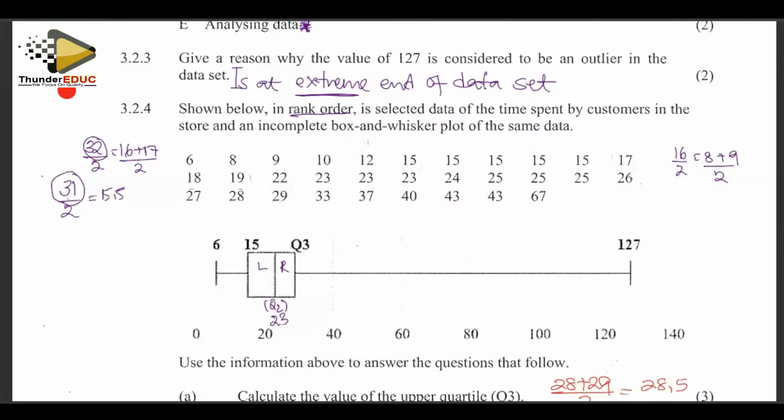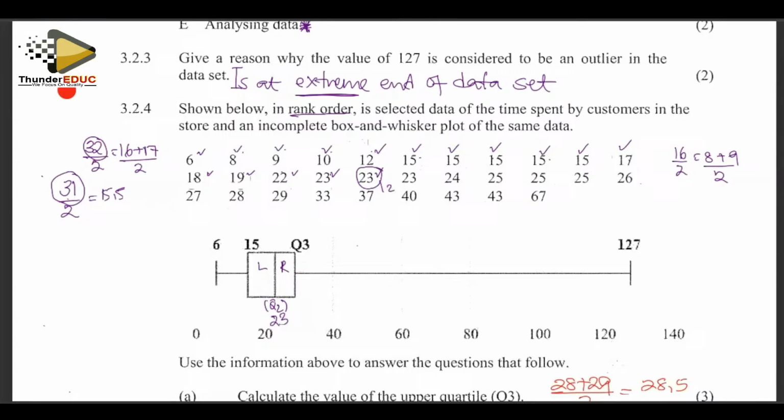So we shall count 1, 2, 3, 4, 5, 6, 7, 8, 9, 10, 11, 12, 13, 14, 15, 16. So this number here becomes the median, which is Q2.